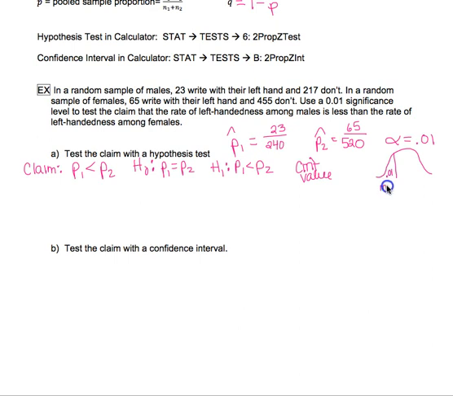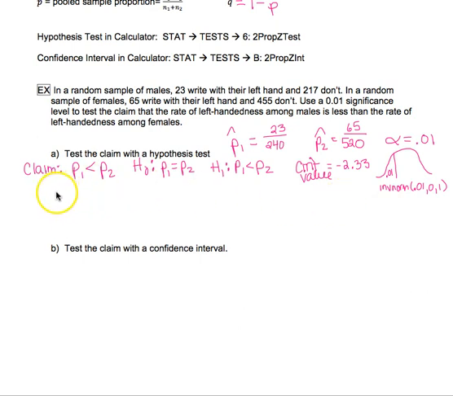So inverse norm of my 0.01. Remember that when we're finding critical values, we always use the 0 and 1 here. And that tells me that my critical value is negative 2.33 when I round it to 2 decimal places.